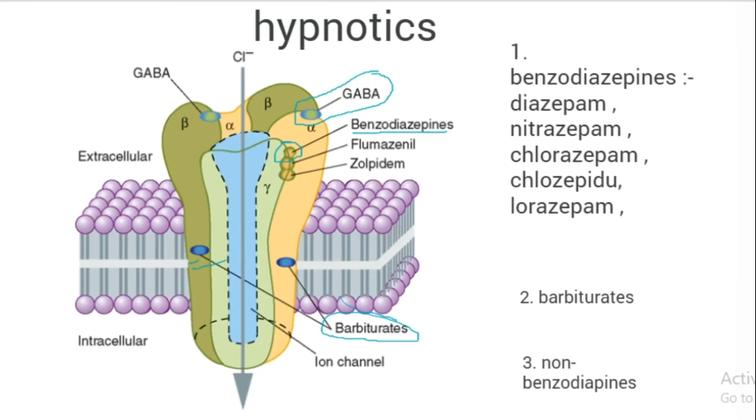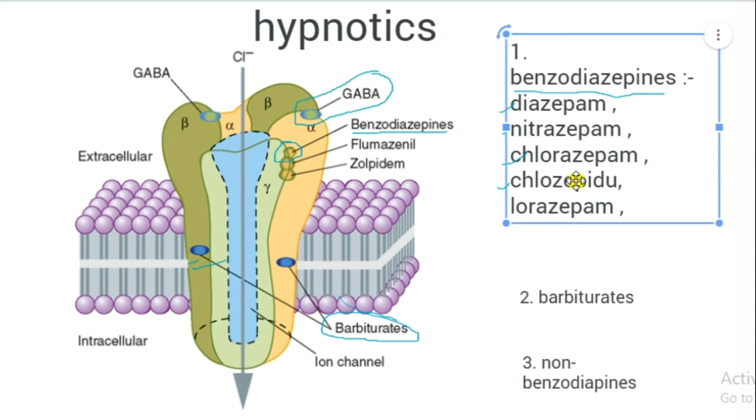So benzodiazepines include diazepam, nitrazepam, clorazepam, clozapam, clozapidem. Here I make a spelling mistake.